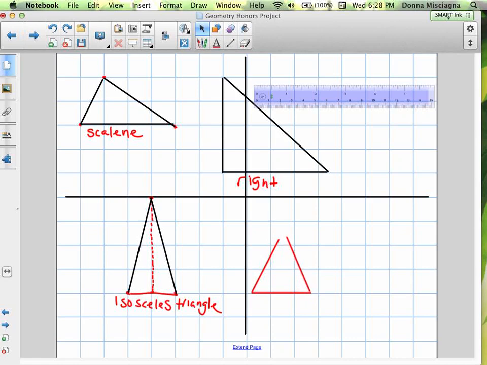How long do you think this will take me? Now, every time I get one side, I mess up the other. This one's probably too far this way. Anyhow, you get the idea. You can measure.